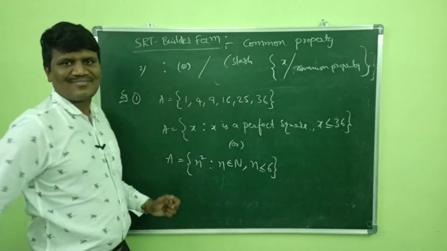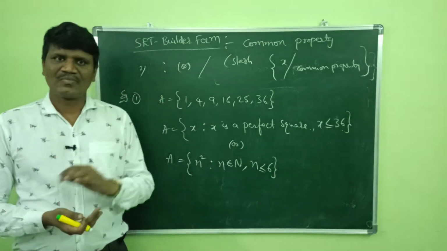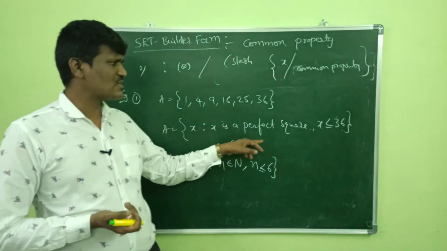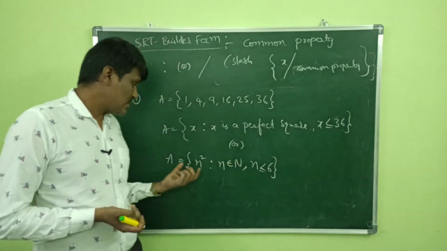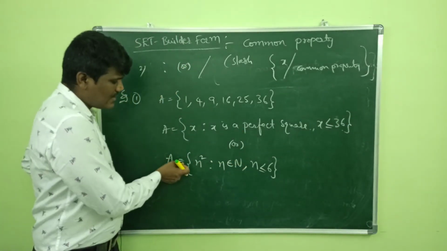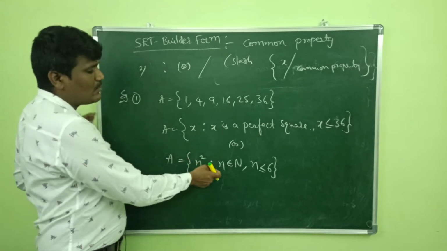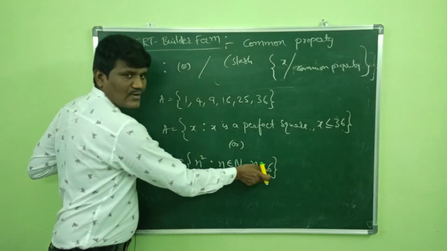Just observe this too. Anyway, you know x is a perfect square, x less than or equal to 36.